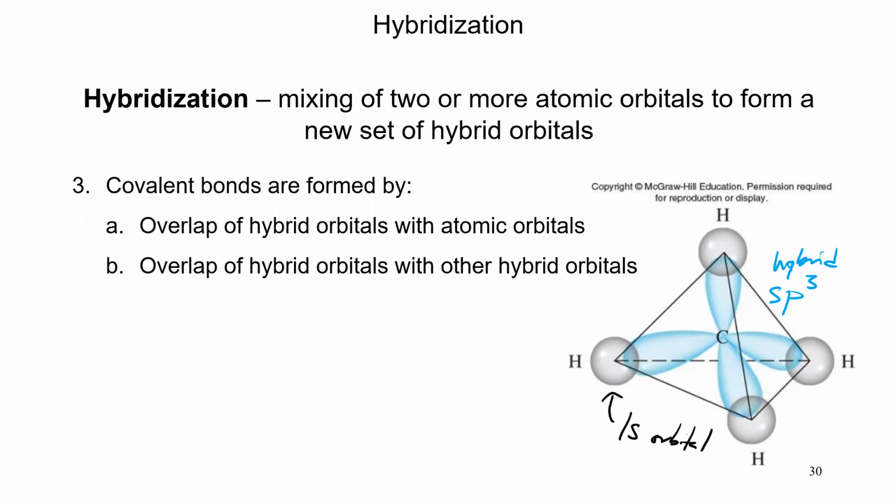The other thing to point out about hybridization is that it only occurs within the same shell. We can hybridize 2s orbitals with 2p orbitals, but we can't do 2s and 3p. They have to stay within the same shell. That's why hydrogen doesn't hybridize with the 2p orbitals, because we can't get that sort of cross-shell hybridization going on.